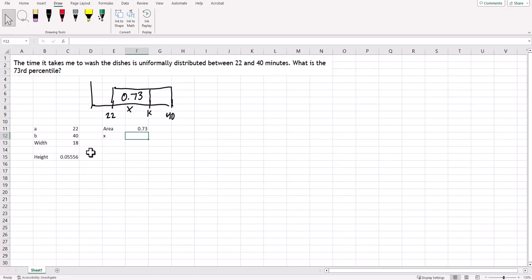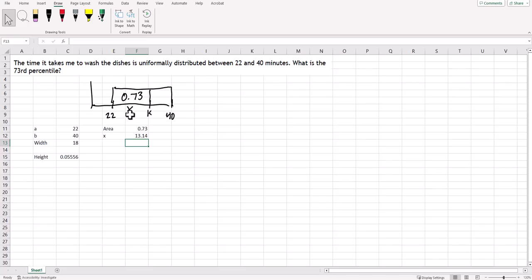So this height times this value here has to equal this, right? Length times width equals area. So I don't know what this is right here, but I have the area. So if I take the area and divide by the height, I should be able to get this width here. I know it gets a little crazy. Okay, 13.14 is going to be this width right here.